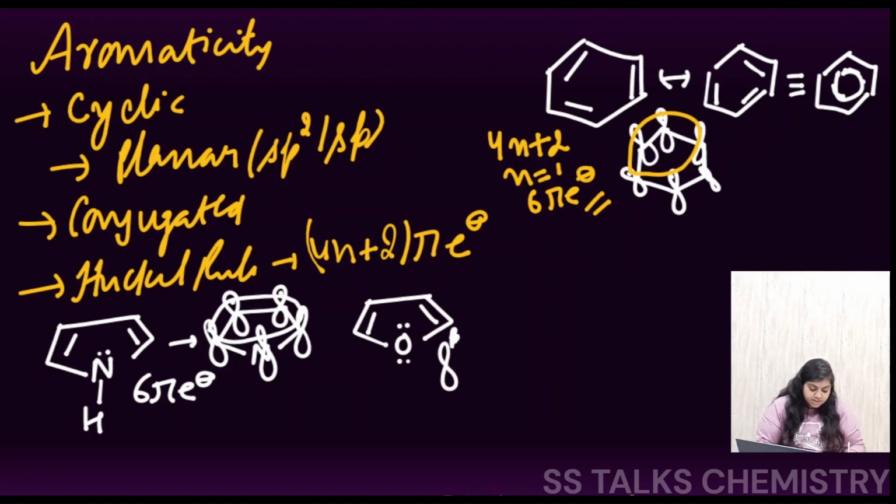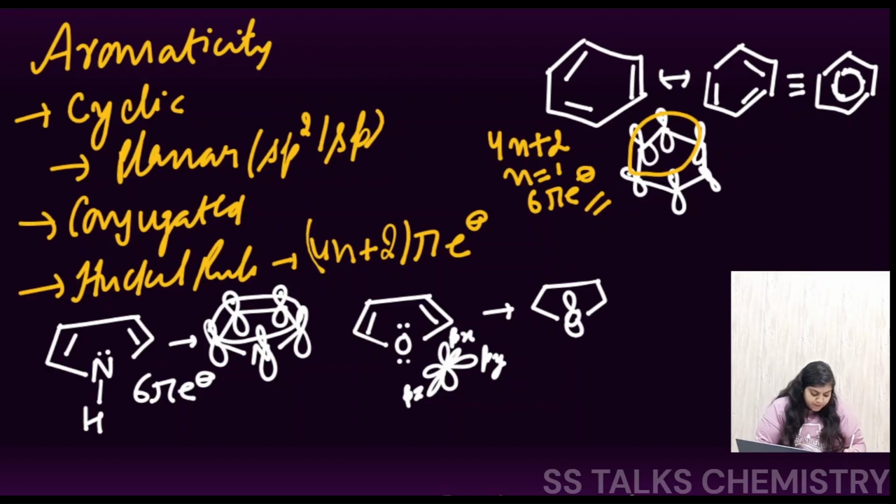If px is in this direction, then the py orbital will be in this direction and pz will be perpendicular to this. That means all three p orbitals are perpendicular to one another. So if one of the lone pairs is present in the px orbital, the other one will be present in the py, right? That means only one lone pair is going to be in conjugation, which is the in-plane conjugation, right?